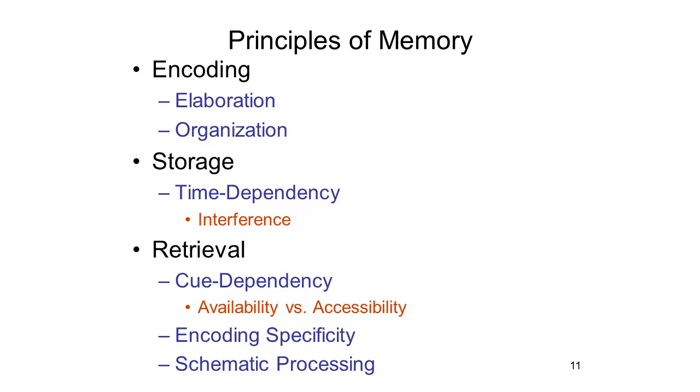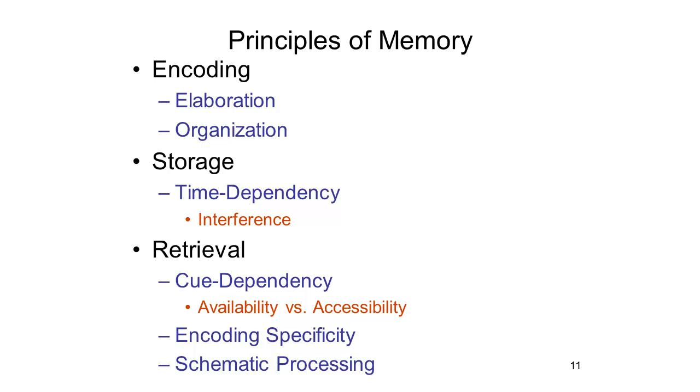This is qualified by a principle of encoding specificity, which says that it's not so much the sheer amount of information provided by the retrieval cue as the right kind of information. The information that's guiding retrieval has to somehow match the information that was processed at the time of encoding.